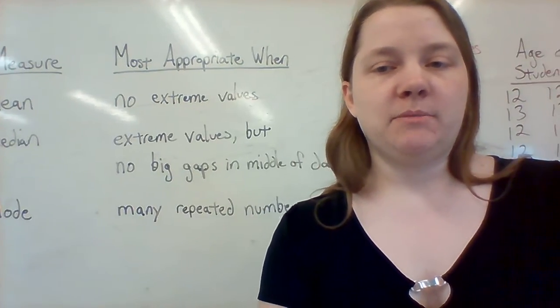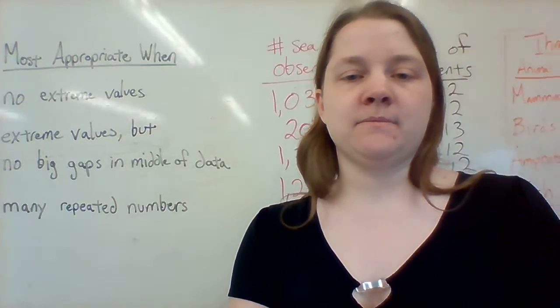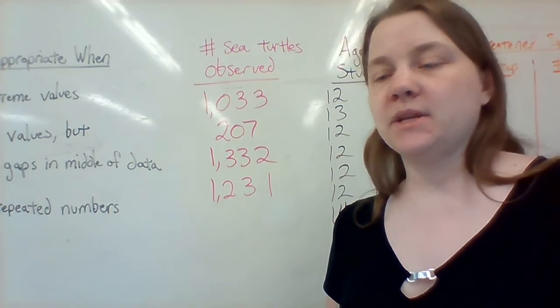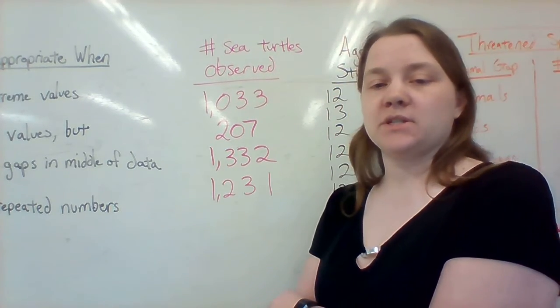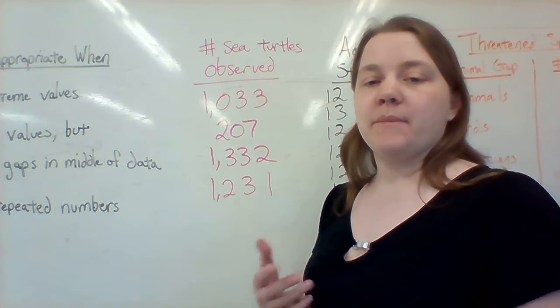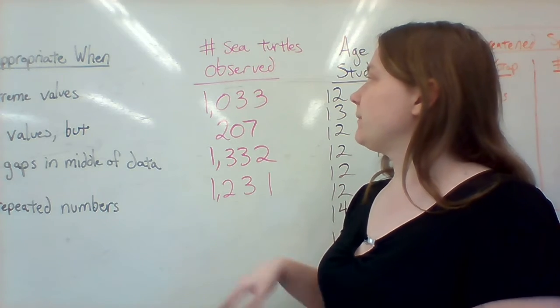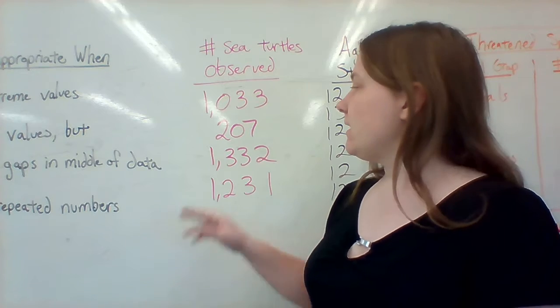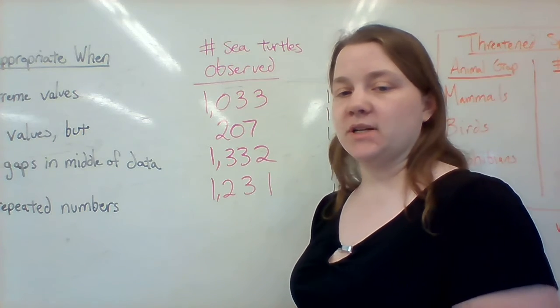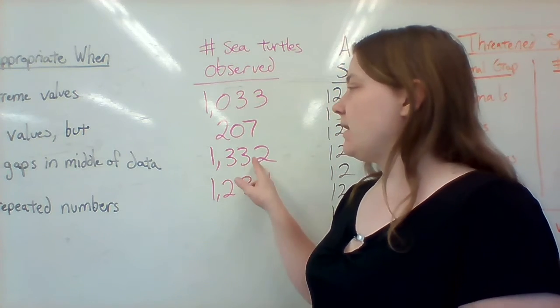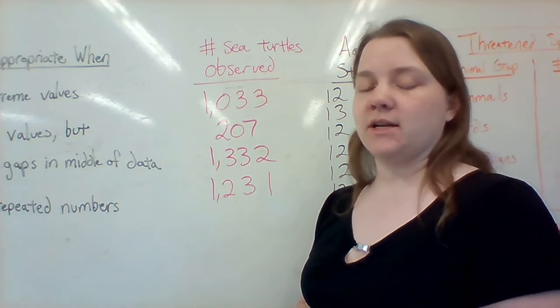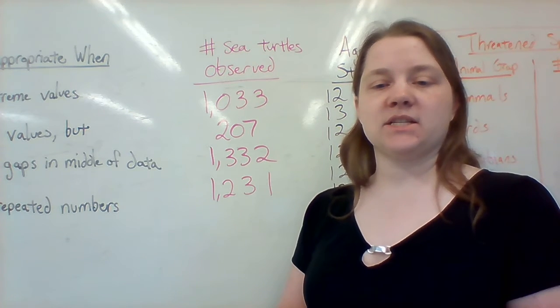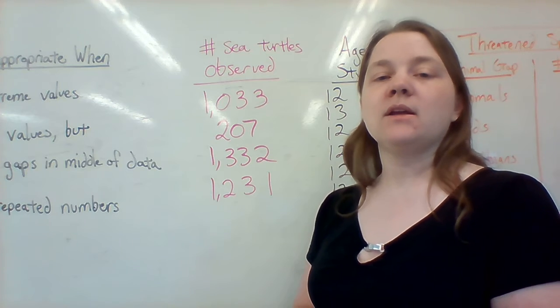So we're going to look at a couple examples. The first example is the number of sea turtles that were observed in 4 different locations. At one location there were 1,033 sea turtles. At another there were 207. At another there were 1,332, and the last location had 1,231.